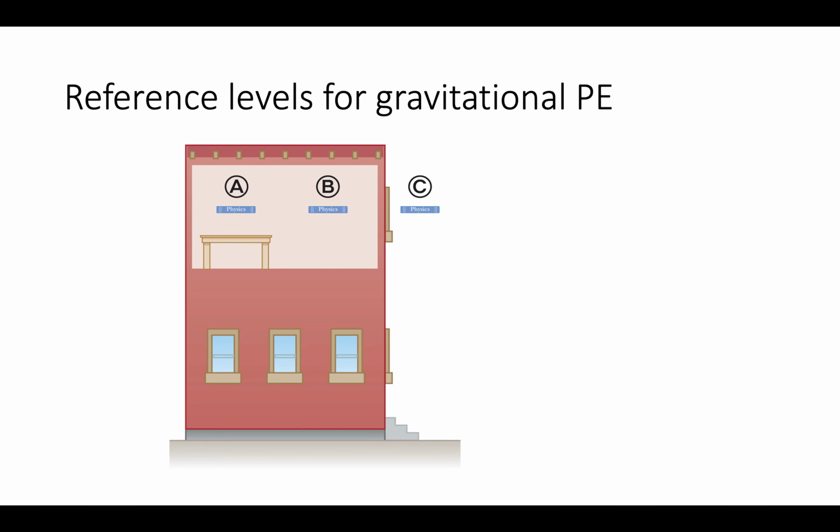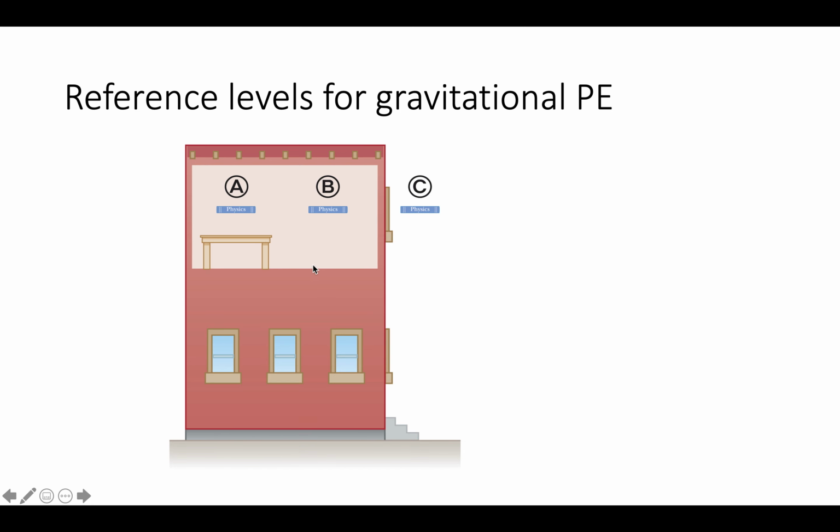A quick side note. Gravitational potential energy is really, when we talk about it, we're just talking about a change in potential energy from one point to another point. So basically, we can set our zero level wherever we want. If I'm worried about the book going down to the table, then I can just set the table equal to zero potential energy and the book at a distance y above that height.